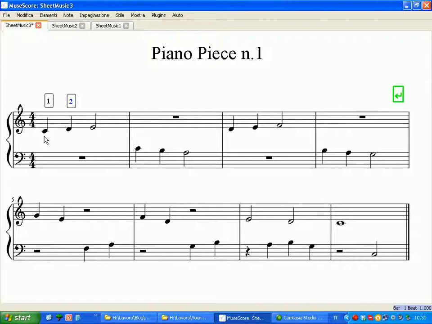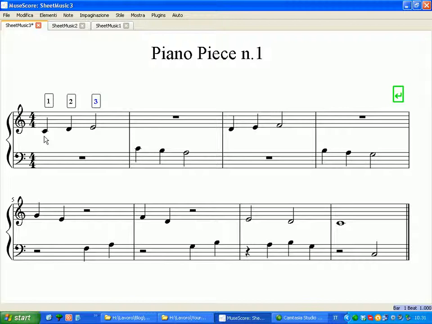The second note again is a quarter note, so it lasts one beat again. So of course the third beat will occur on this other note.